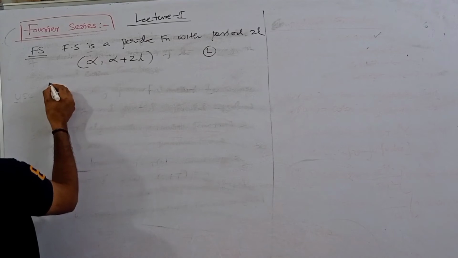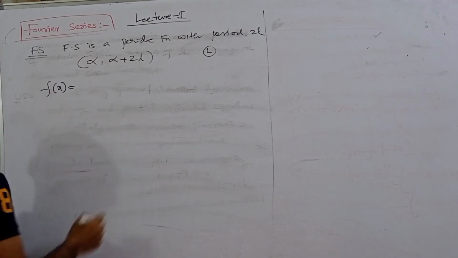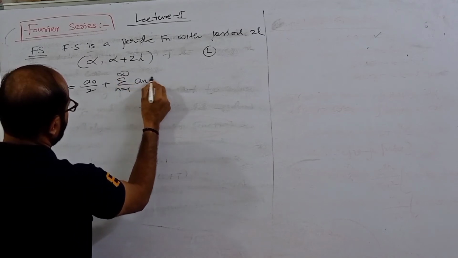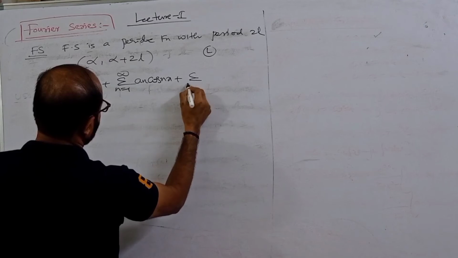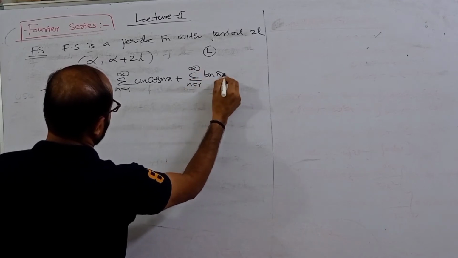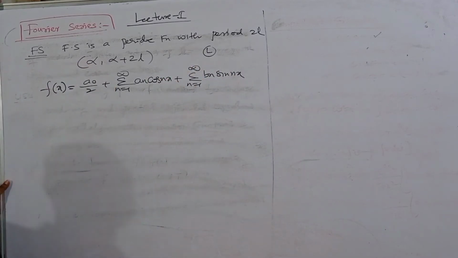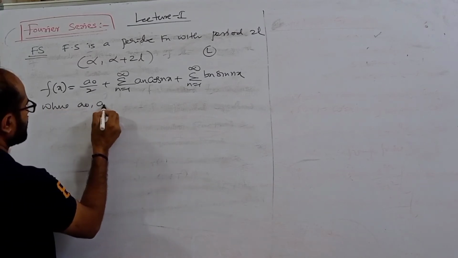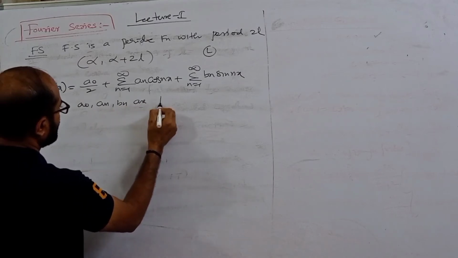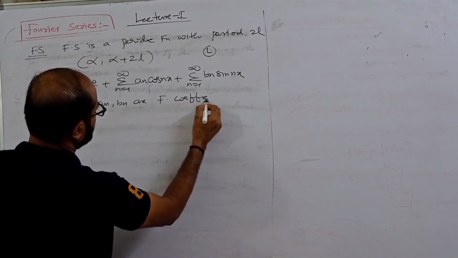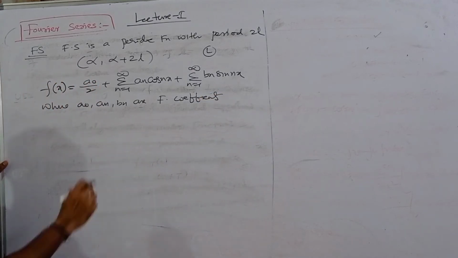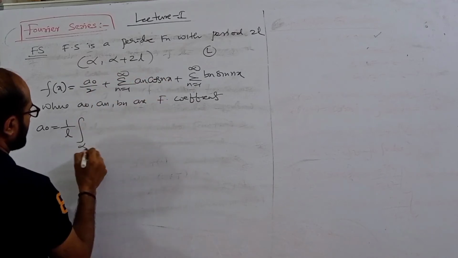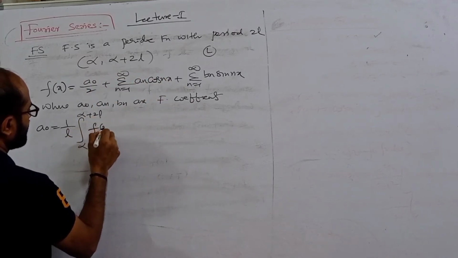Then the Fourier series expression is f of x equals a naught by 2 plus summation n is 1 to infinity an cos nx plus summation n is 1 to infinity bn into sin nx. This is the Fourier series formula, where a naught, an and bn are called Fourier coefficients, right? Now a naught is 1 by L into the integral from alpha to alpha plus 2L of f of x dx.